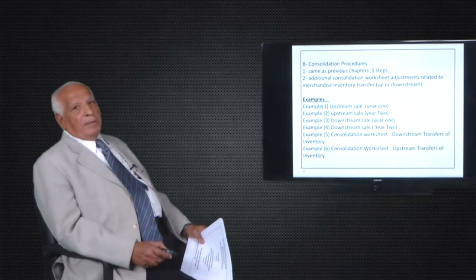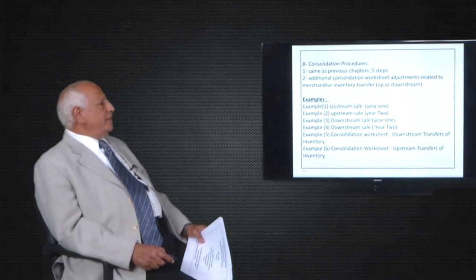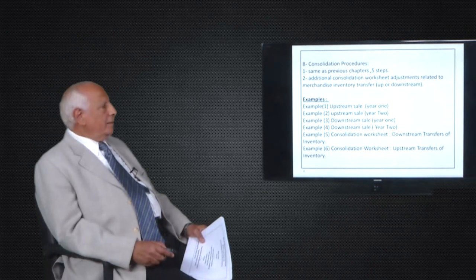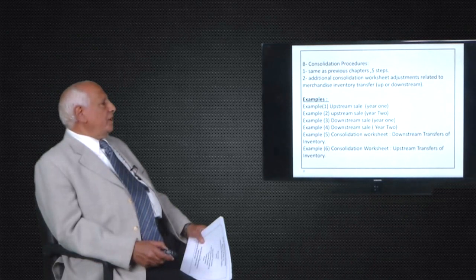When I come to example 3, downstream sale year 1, and downstream sale year 2 is the same. Two years for each one. Example 5, I'm going to give you a consolidation worksheet. I'm going to use downstream sale of inventory.